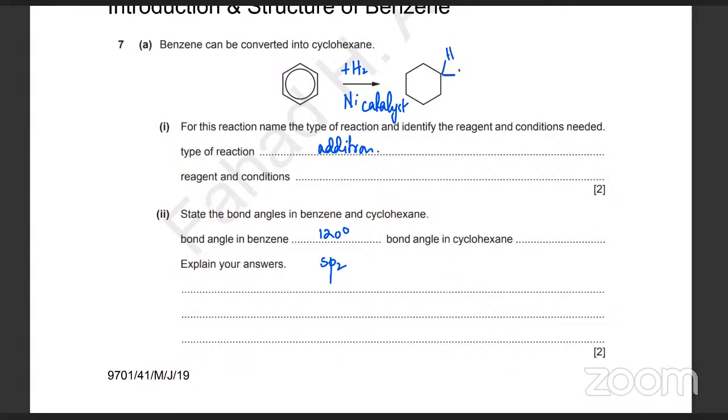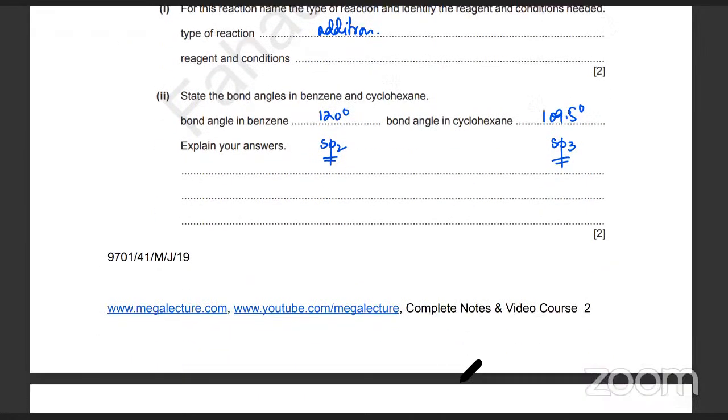When it's making 4 bonds, that's tetrahedral, and in a tetrahedral structure it's 109.5 degrees. Every carbon atom is sp3 hybridized. So one of them is sp2 hybridized, the other one is sp3 hybridized.